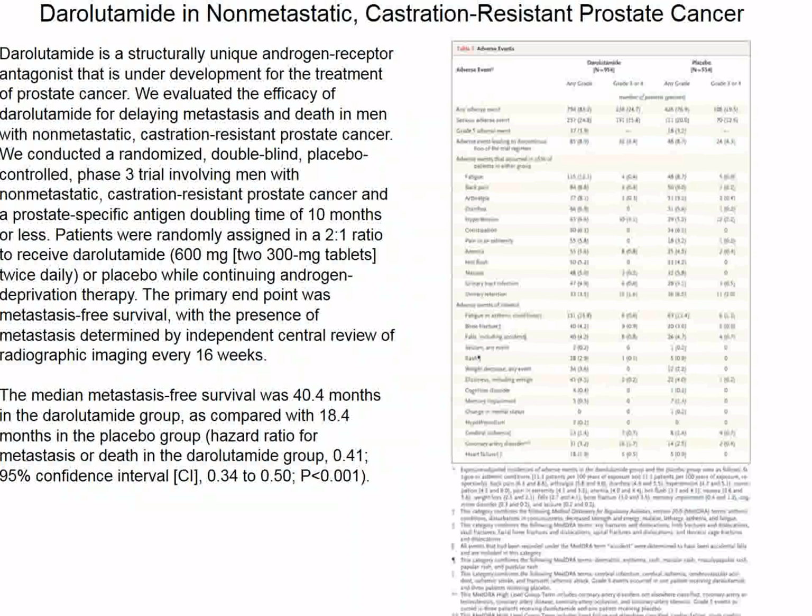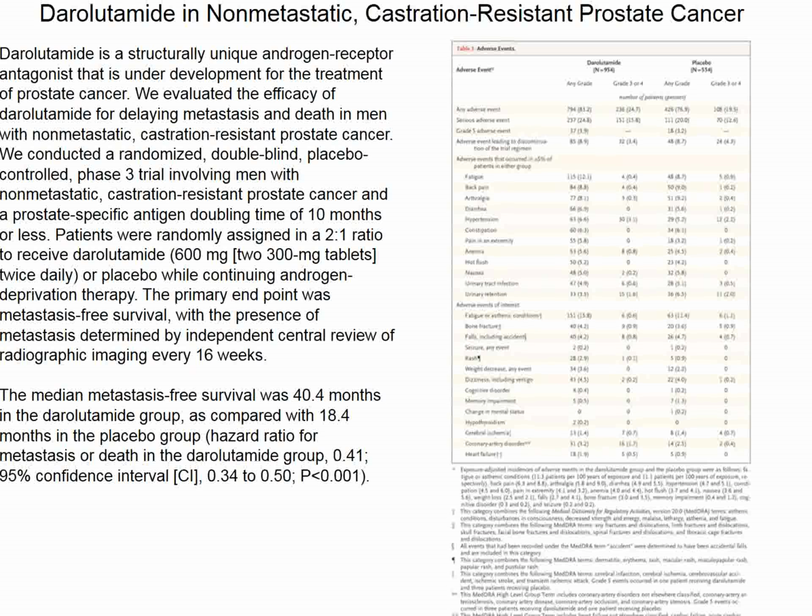So this treatment was applied in patients with non-metastatic but castration-resistant prostate cancer. So what we see here is there are 954 patients in the darolutamide group compared to 554 patients in the placebo group with the so-called castration-resistant prostate cancer.